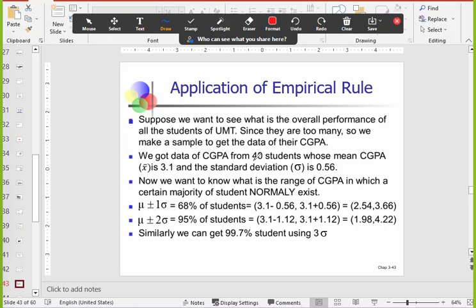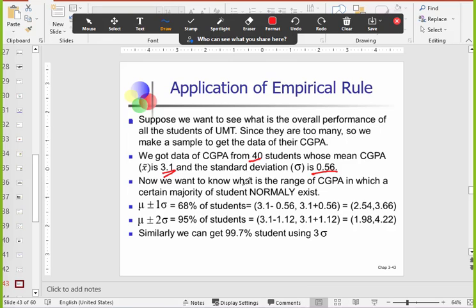We got the CGPA from 40 students and its mean value is 3.1. This is the central tendency of these 40 students in terms of their performance. And the standard deviation is 0.56. So we have a center and a variation of our data.